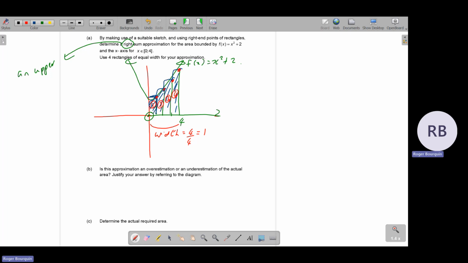How am I going to get the height of each? The heights are not going to be the same. Because the total distance is 4, you're dividing 4 by 4.